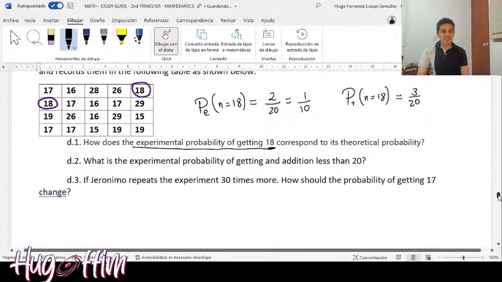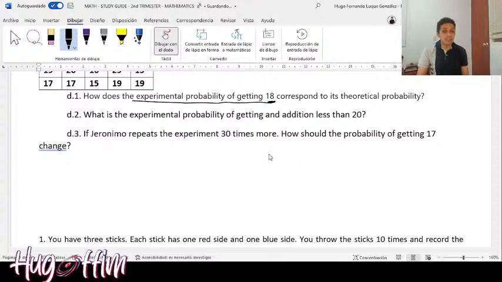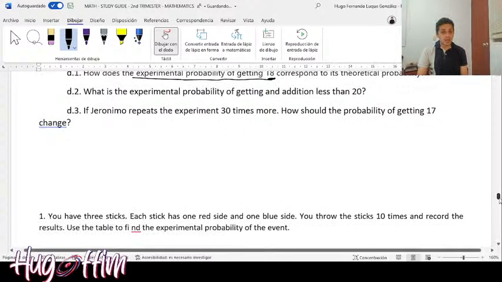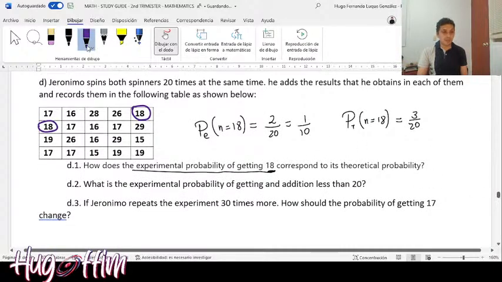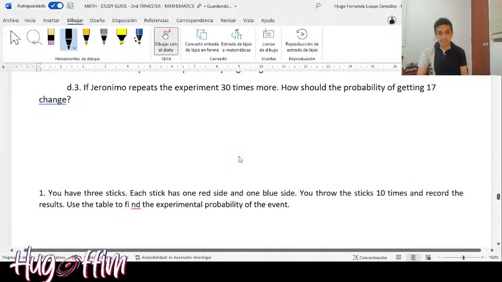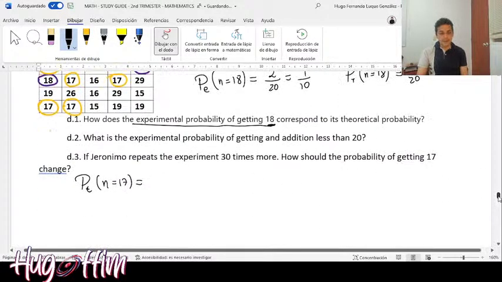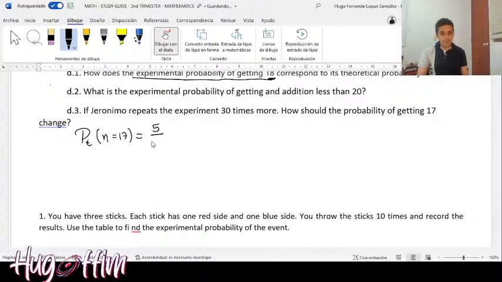Now, it's asking what happens if he repeats the experiment 30 times more, and how the probability of getting 17 changes. So I'm going to see what happened here with the experimental probability when I got 17. So we can count 1, 2, 3, 4, and 5. So Geronimo got 17 five times. So the experimental probability of getting 17 is going to be 5 out of 20, or if you want to simplify it, 1/4.